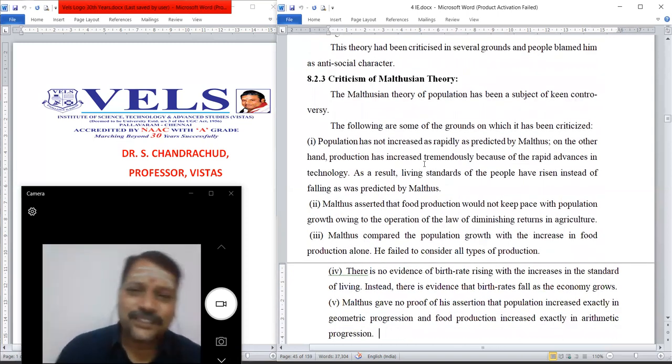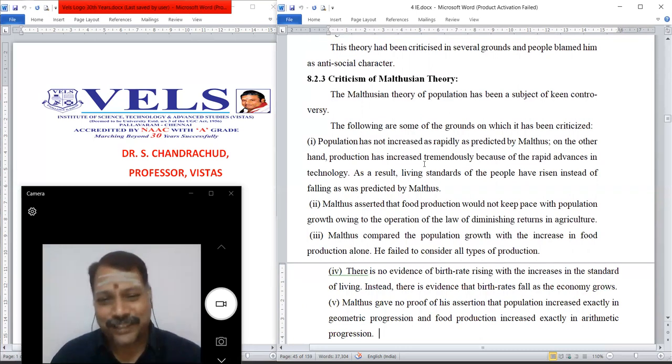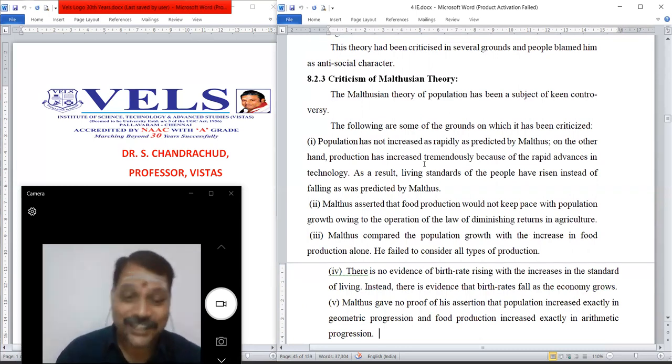The first one is that population has not increased as rapidly as predicted by Malthus. On the other hand, production has increased tremendously because of rapid advances in technology. As a result, the living standard of people has risen instead of falling, as was predicted by Malthus. It is wrong. Our standard of living is increasing over the period of time, so his prediction is wrong. That is the first criticism.